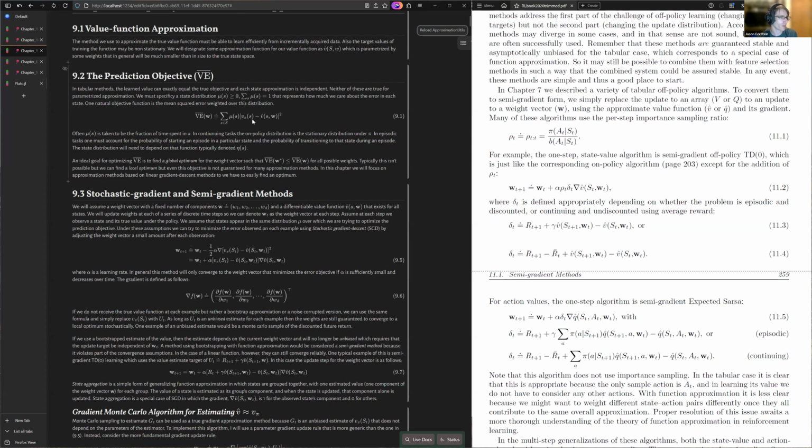So we're stuck doing a bootstrap estimate. And that's what's shown here, an example of one of the bootstrap estimates, the TD(0) estimate, where we have the reward, and then we're estimating the value at the next state with the approximation function.